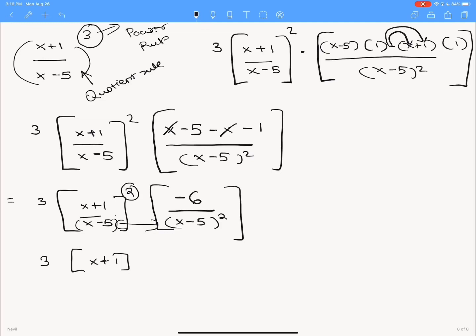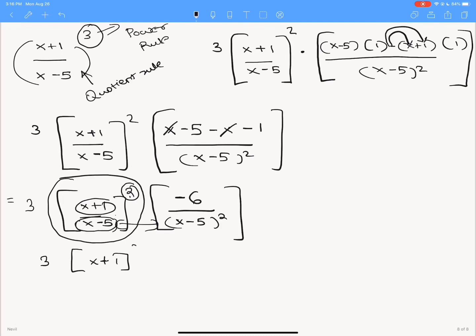So again, this whole fraction being raised to 2, sorry, I'll just put that there. There was 3 here, but what I was trying to show was this part. So this 2 here is symbolized for both this one and for this one.